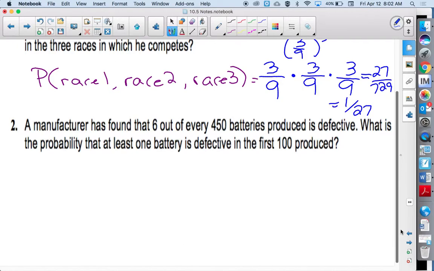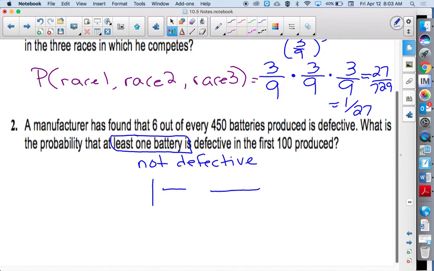What's the probability that at least one battery is defective in the first 100 produced? So here's that at least one. So we're going to find the probability that it's not defective. So we're going to take 1 minus the probability that it's not defective. So Mackenzie Myers, how many batteries are we talking about?